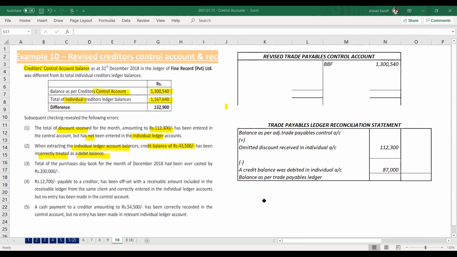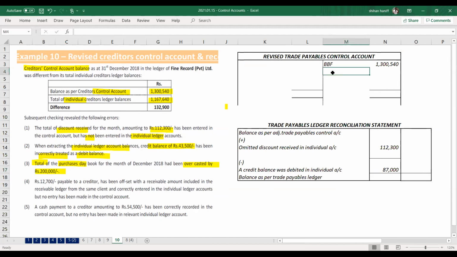Okay, the next question. Next error. Total of the purchase day book for the month of December had been overcasted by 200,000. Remember, the total of the day book will affect the control account.